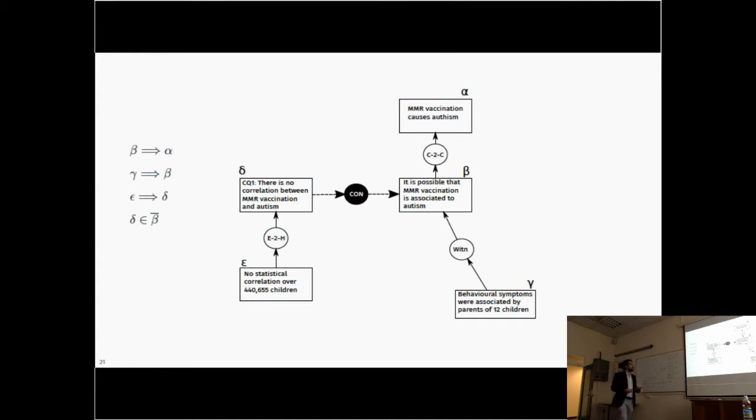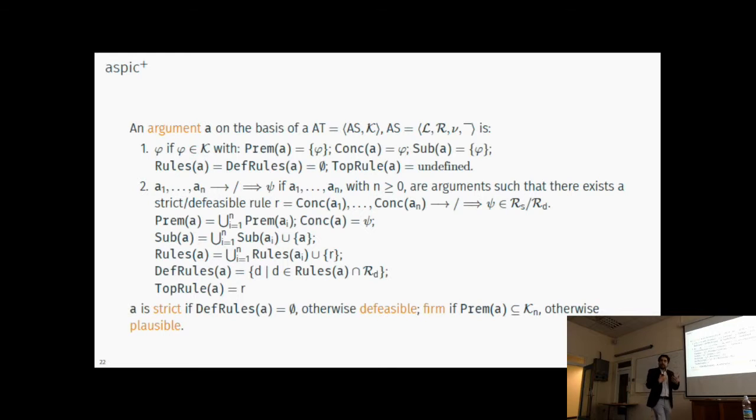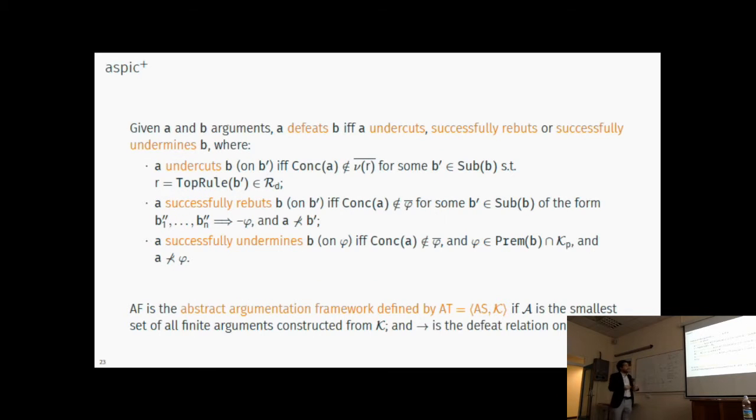So an argument at this point becomes a concatenation of these rules in favor of a specific conclusion. And you have the notion of sub-argument in the sense that you can have an intermediary conclusion before getting a bigger conclusion. So you have this notion of arguments growing together. And you have the notion of attack.